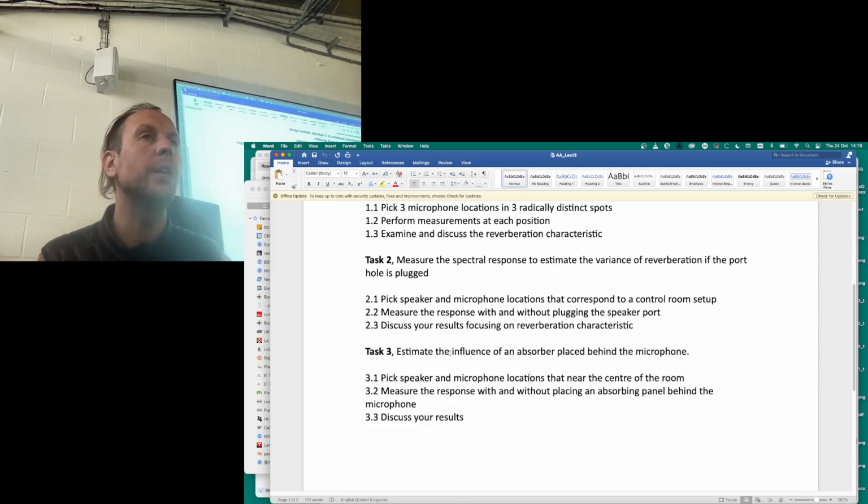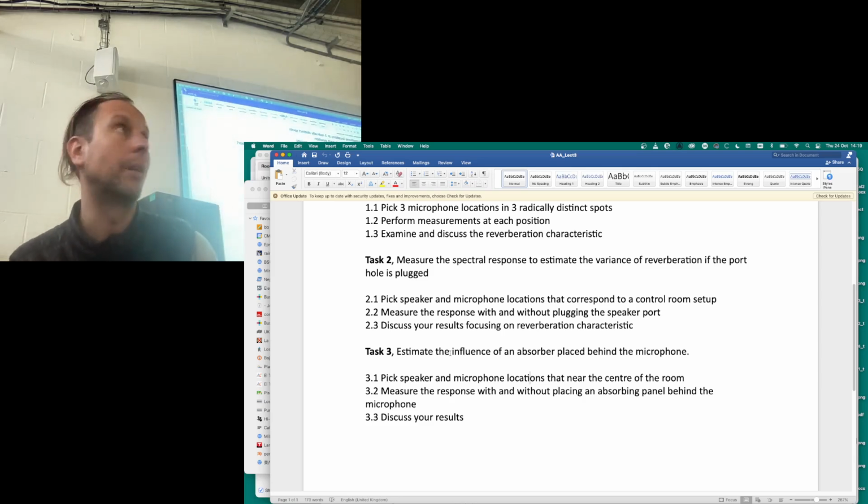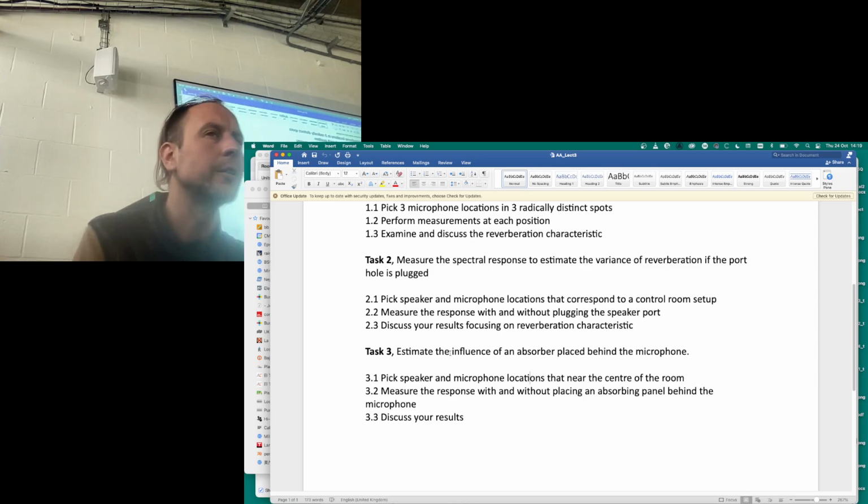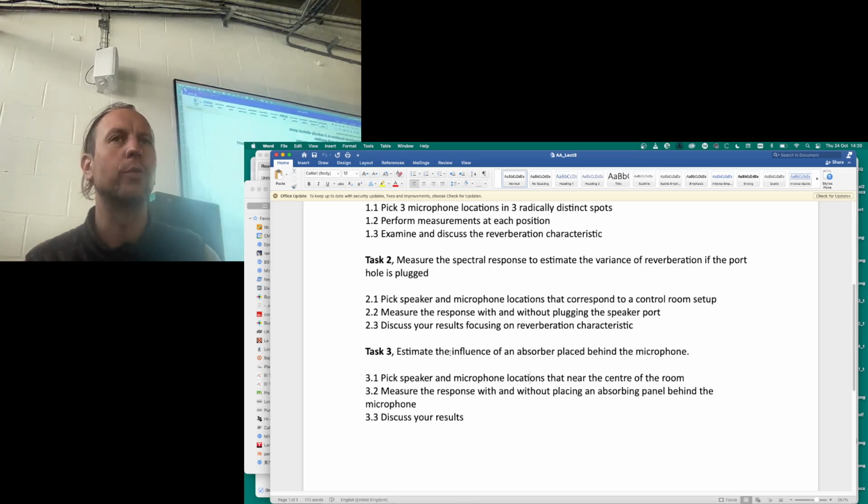Okay, so let's say this is a practical, well, it is, only it's fake, but it is practical. You're in a situation where it is to be decided whether time will be spent dampening or placing absorbers around microphones, okay? So you're the engineer, and the guy comes in the studio and says, well, I've got all the cash in the world, so there's no time constraint, but I have heard that placing absorption around the microphone can help.